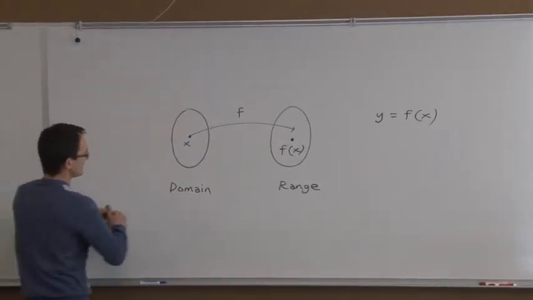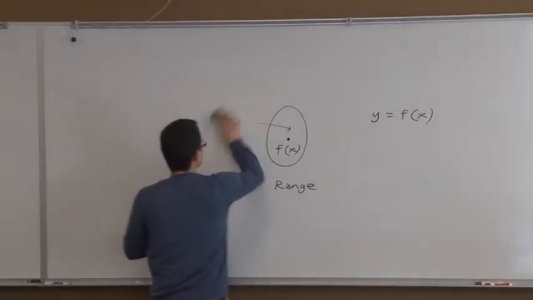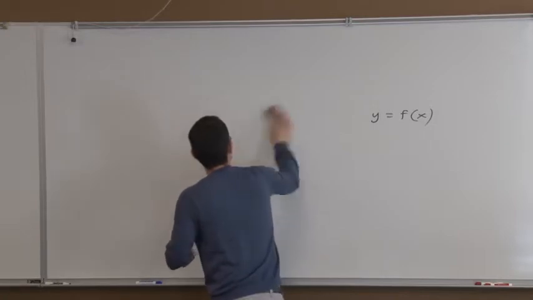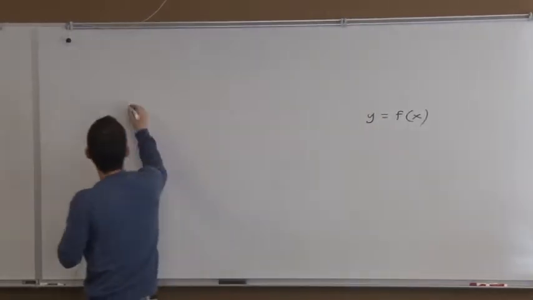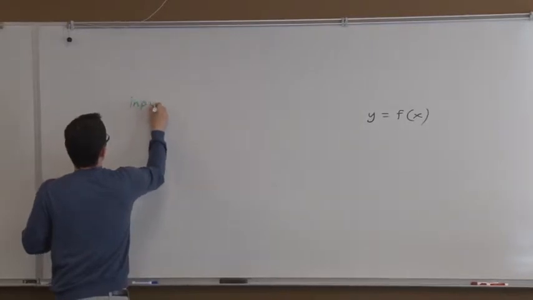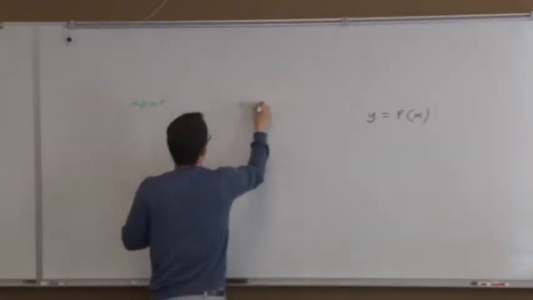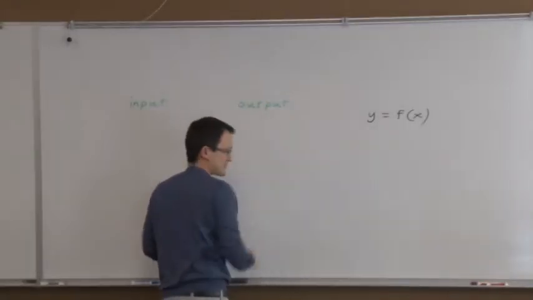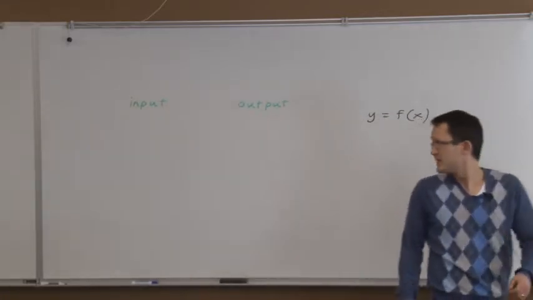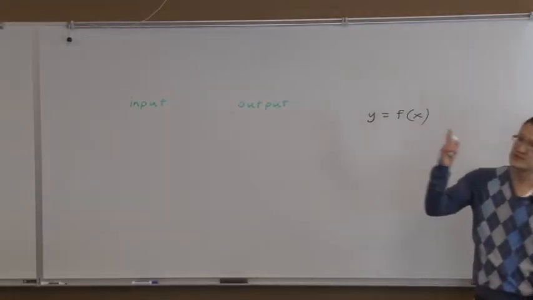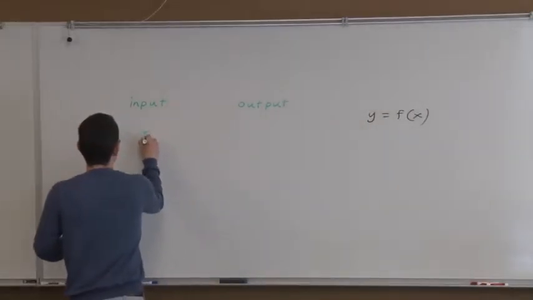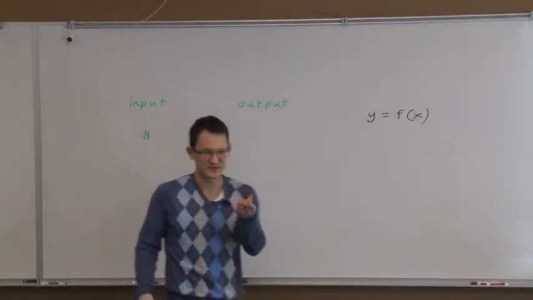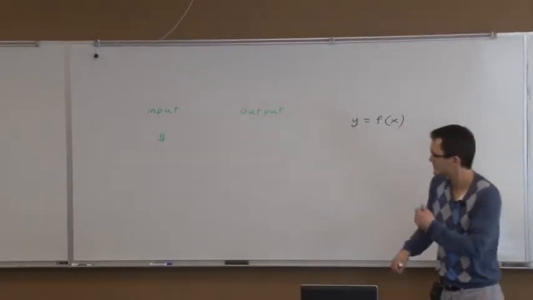So what I'll do here is show you how you can think about this. When we think of a vending machine, this is the corresponding two sets here. You have an input, and you also have an output. So we typically think of this: your input is the money, the money that you put into the machine.